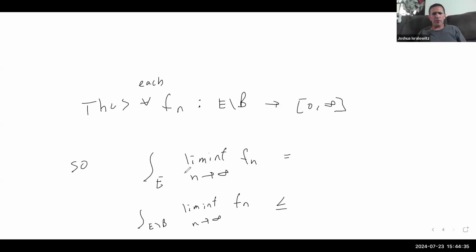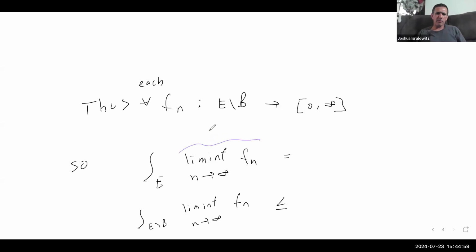A bit of a clarification. This integral here is fine. It's well defined because each Fn is non-negative almost everywhere. So the lim inf itself is a non-negative function almost everywhere.